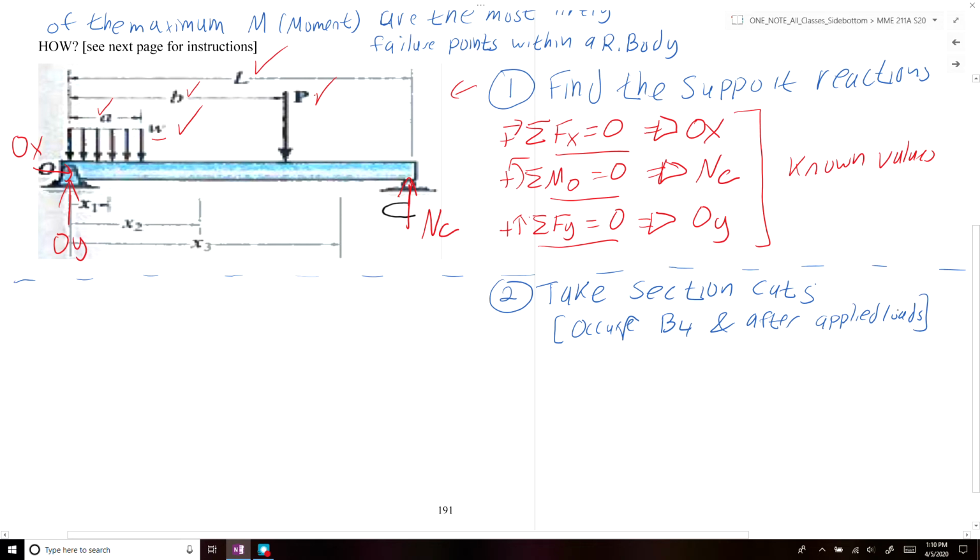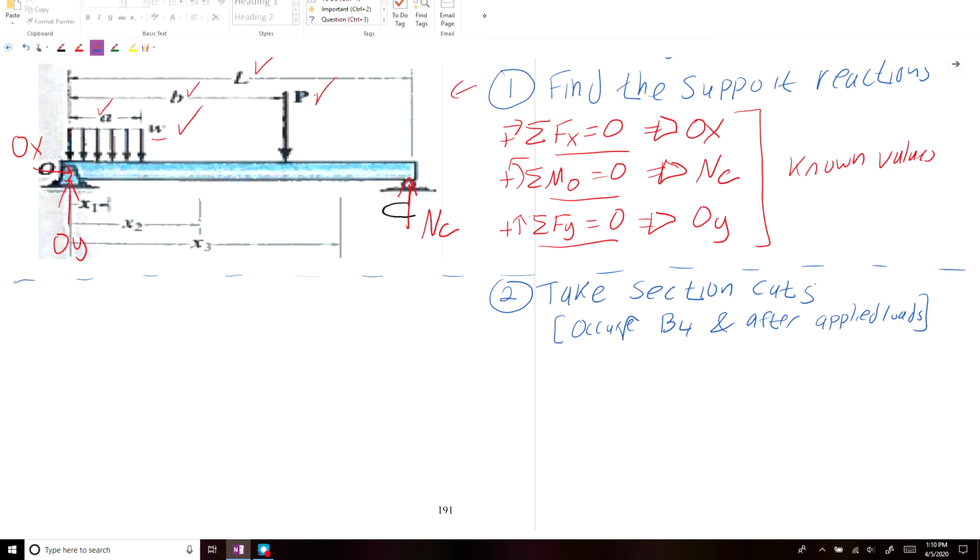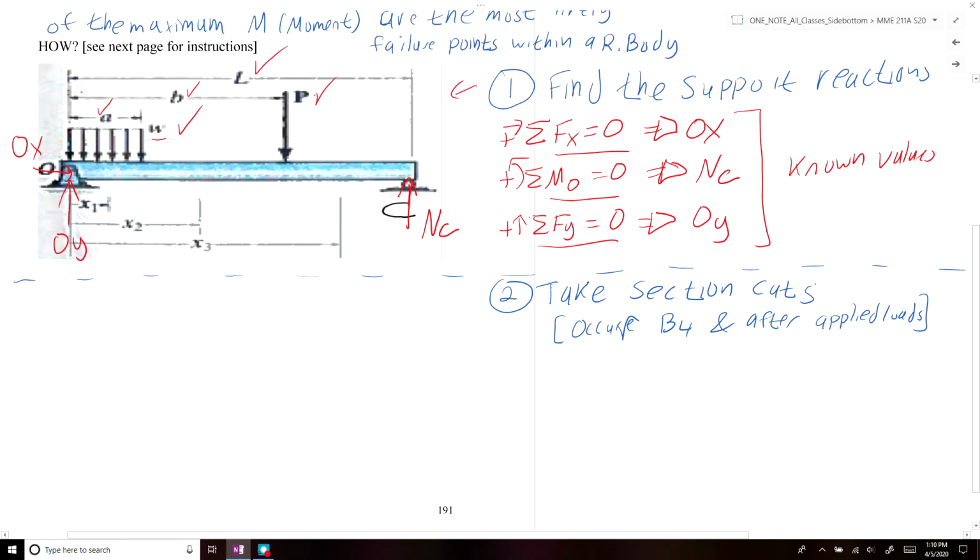In this case, we're going to draw 3 section cuts. Our first section cut would be through the part of the beam where the distributed load is being applied.